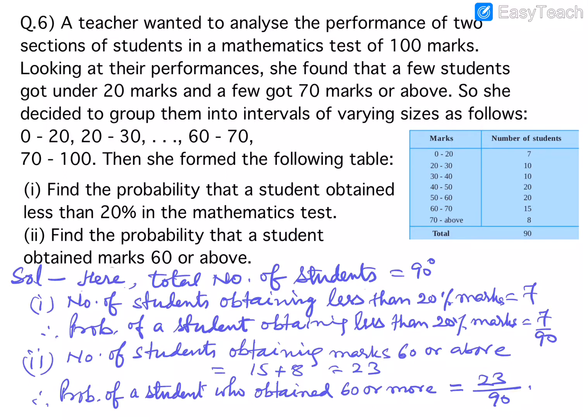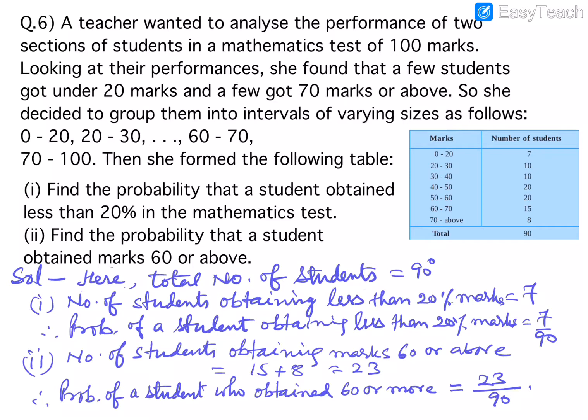Looking at their performance, she found that a few students got under 20 marks and a few got 70 marks or above. So she decided to group them into intervals of varying sizes as follows: 0 to 20, 20 to 30, 60 to 70, 70 to 100.